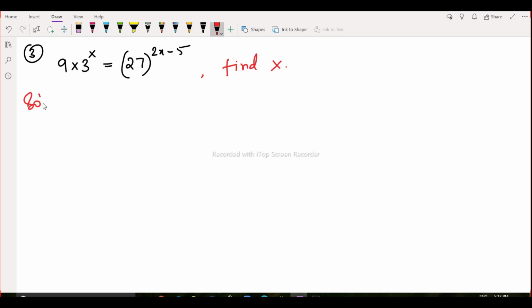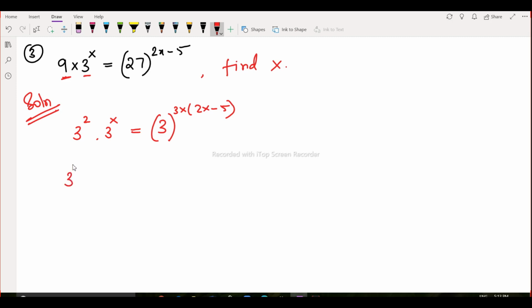In such questions, you'll try and convert everything into the same base. I can see 9, 3, 27, so it becomes easy. 9 I can write as 3 square, and 3 raised to x is just 3 raised to x. 27 I can write as 3 cube, so that's 3 cube raised to 2x minus 5.